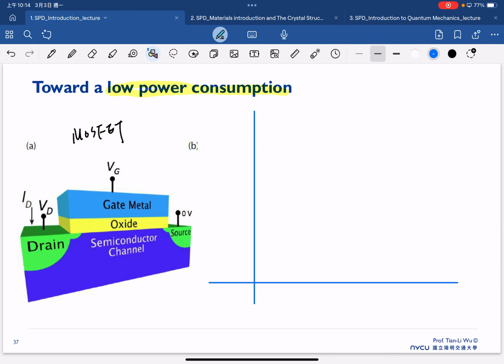Especially, sometimes we would like to understand log ID versus VG. So imagine now we have a characteristic something like this one. This is a very general ID-VG characteristic. And we want this device to operate at our targeted current, which is this.